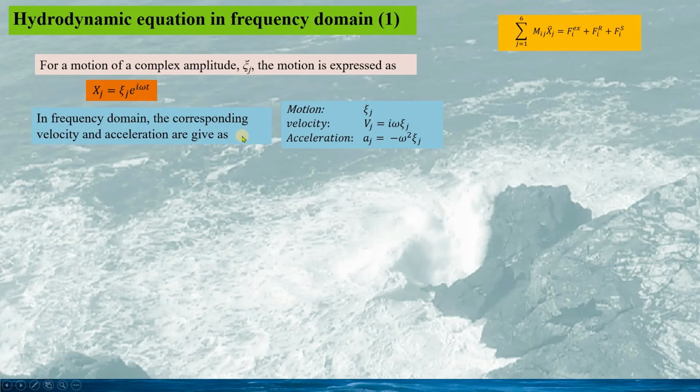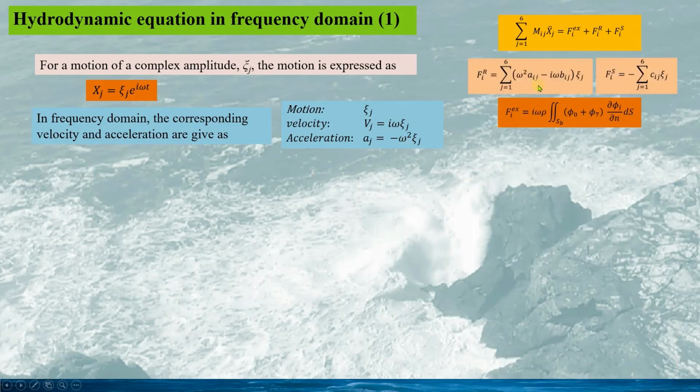And for this, in frequency domain, we can obtain the velocity Vj as i omega Cj, and the acceleration Aj equaling minus omega squared Cj. As we already showed before, the radiation force, the static force, and the excitation force are all given in the frequency domain.